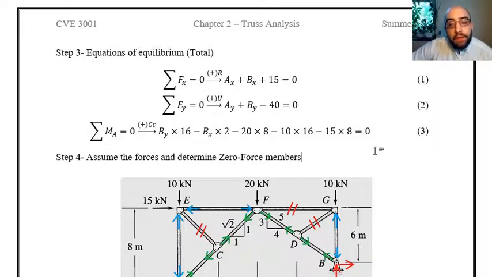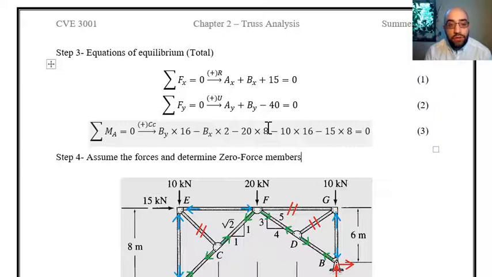So now that we have these 3 equations, we can see that we have 1, 2, 3, 4 unknowns and only 3 equations, which means that just considering these 3 equations is not going to help me in finding the reactions. In such situations, we have to move forward and look at the joints.